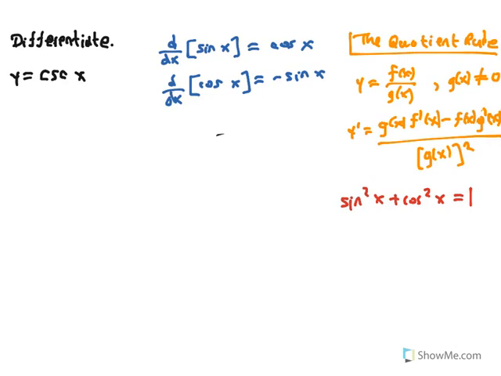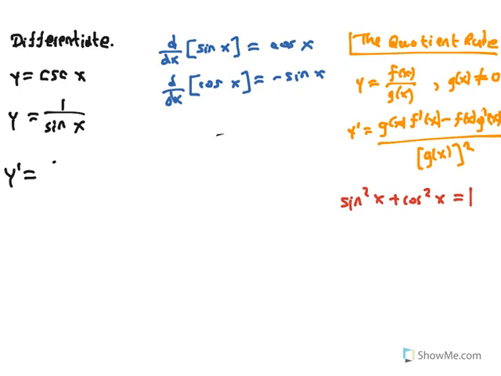So now we take a look at the derivative of the cosecant function, and our first step is to write the cosecant function as a quotient of two differentiable functions. So we can write cosecant as 1 over sine x using a reciprocal identity from trigonometry. Now that we have it written as a quotient of two differentiable functions, we may use the quotient rule to find the derivative.